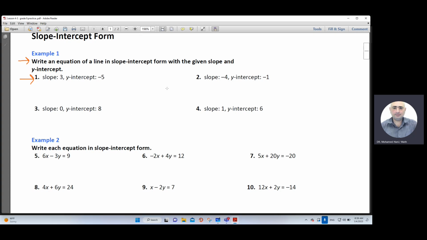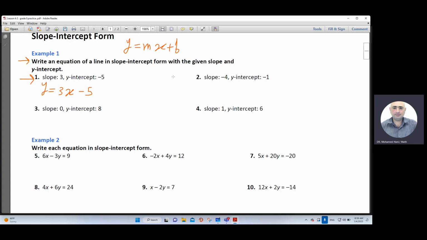Who can tell me what is the answer here? What is the form? y equals mx plus b. So what is the equation here? y equals 3x minus 5. Okay?